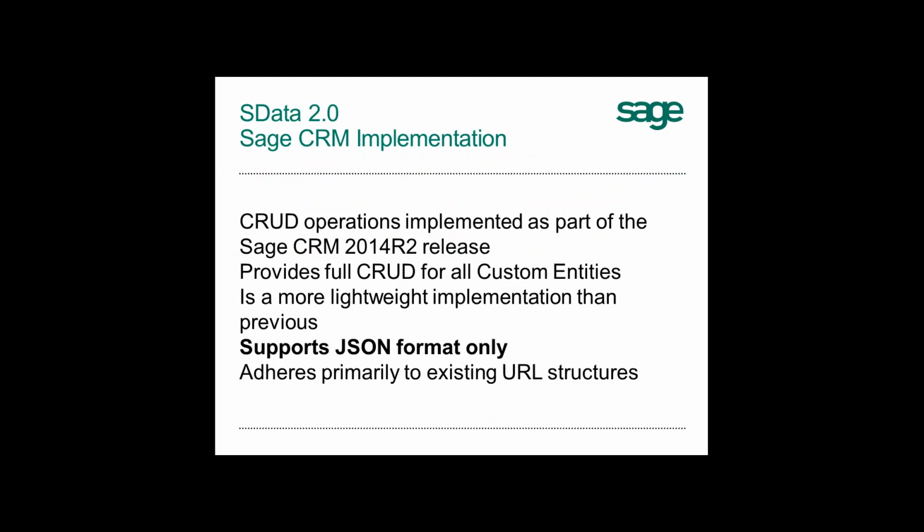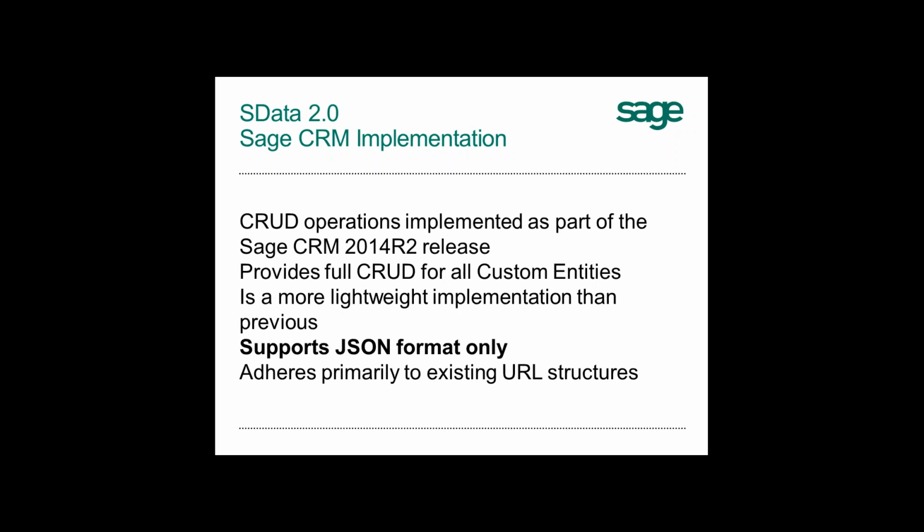Although the full standard supports the idea that we could alternate between returning Atom and JSON, in fact what we're doing within version 7.3 and also within the cloud editions is only supporting JSON as the returned standard.